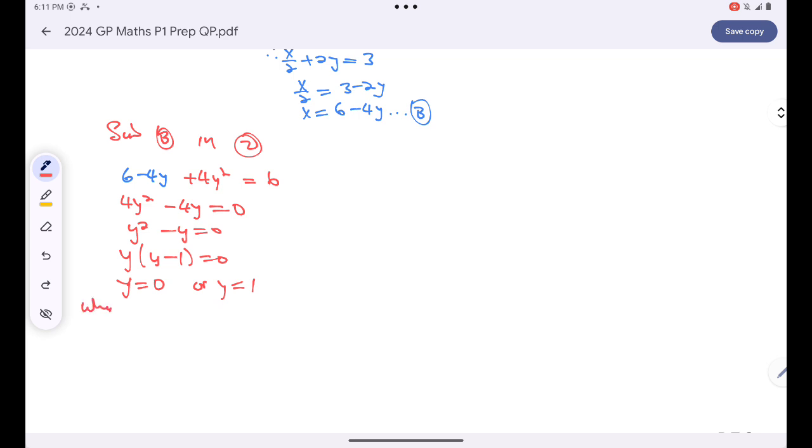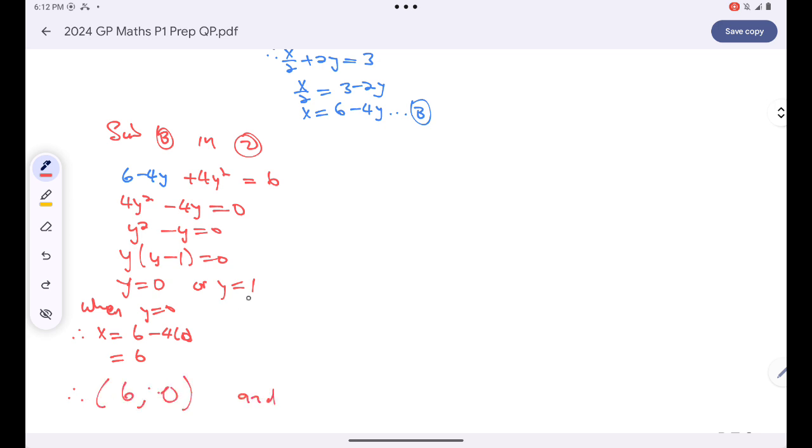So when y is equal to 0, x is just equal to 6 minus 4 times 0, and that will just give me 6. So I know that when x is 6, y must be 0.